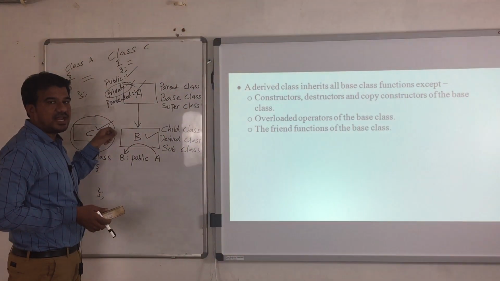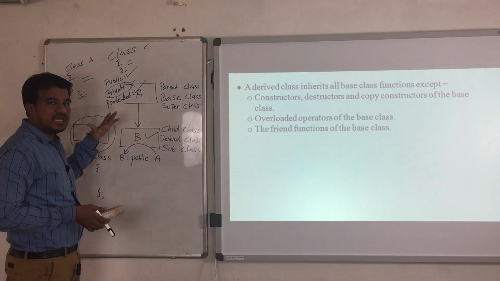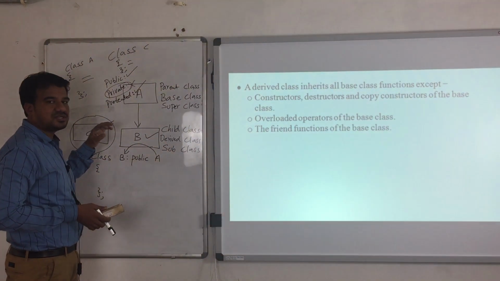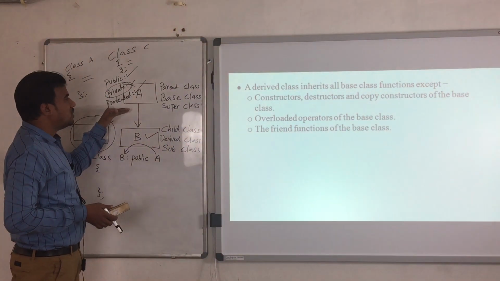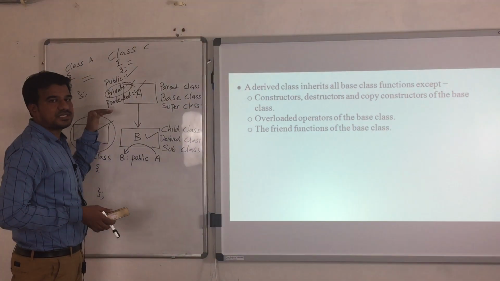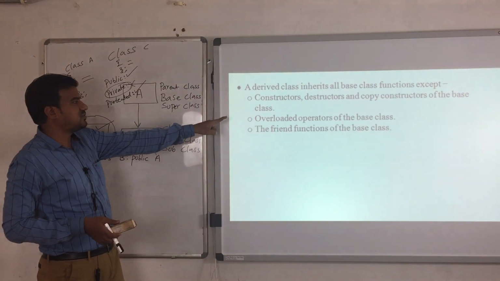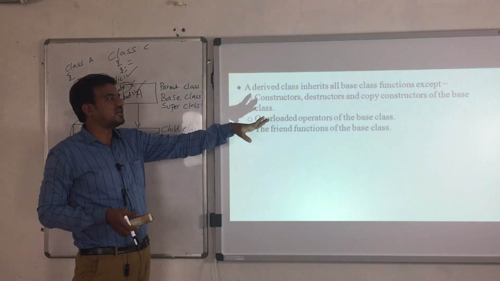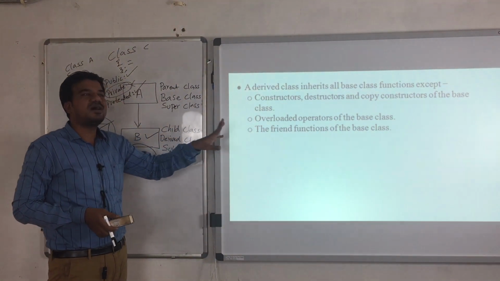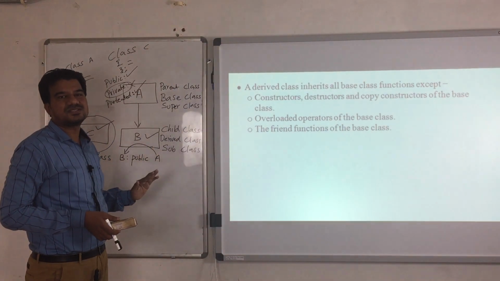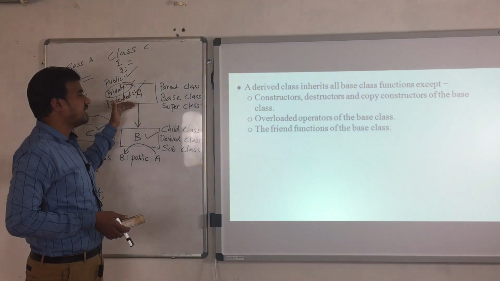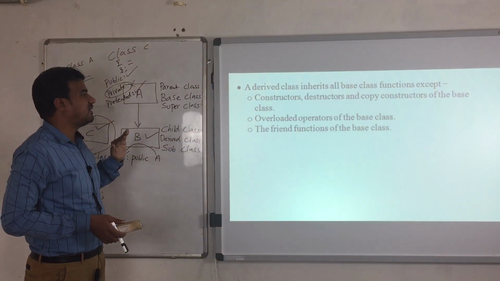Because derived class name is different, so automatically their constructors and destructors are going to be different. So no constructors and destructors can be inherited from the base class to derived class. So the first thing you can see, constructors, destructors and copy constructors, all are restricted from inheritance. They can't be inherited from the base class to derived class.